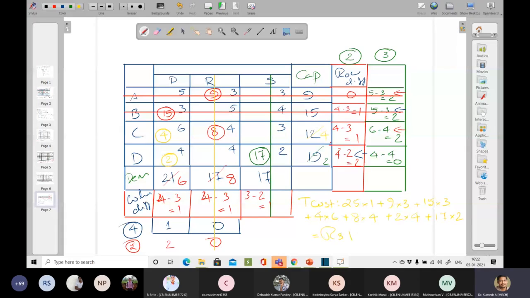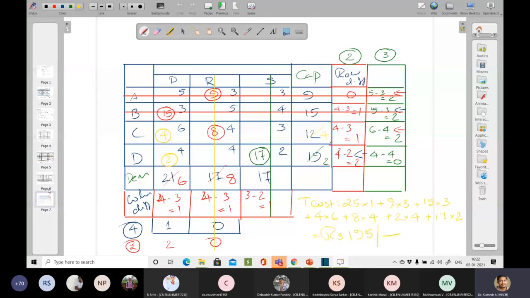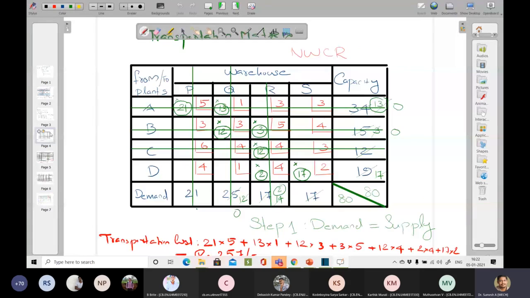So when compared to the least cost method, I think there is no change that has happened in this particular problem. But when compared to the northwest corner rule, from 259, the amount has changed into 195.